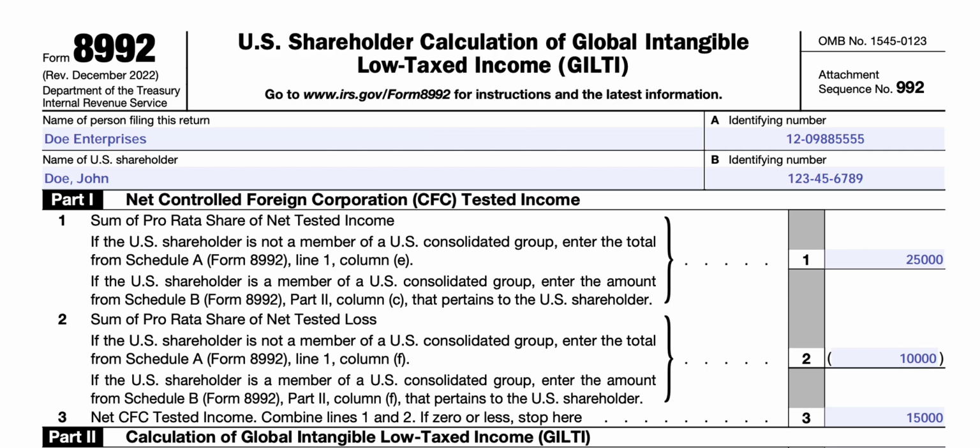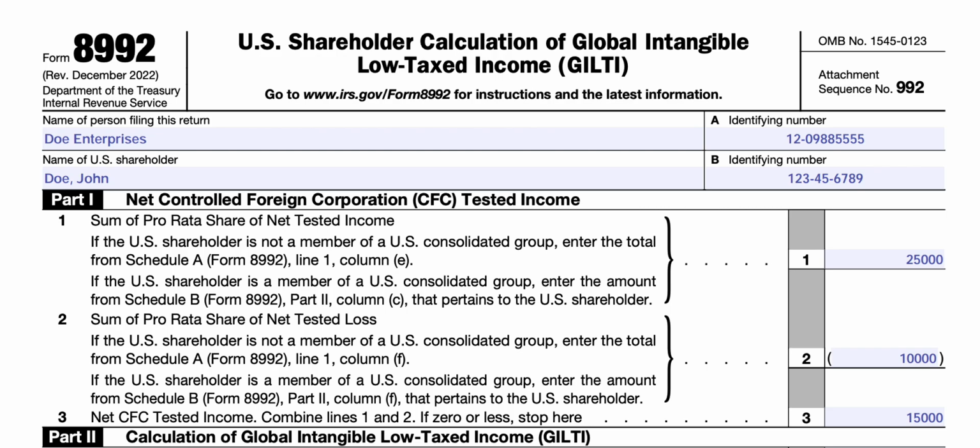So the intent was to make sure that U.S. owners of companies don't export those companies offshore to countries where they would pay lower tax.